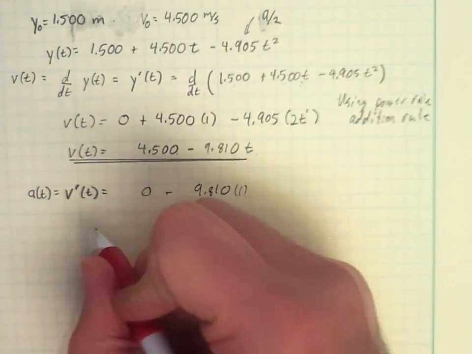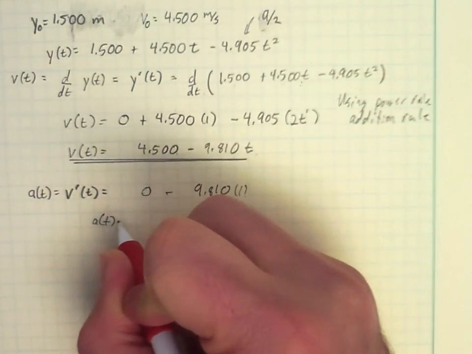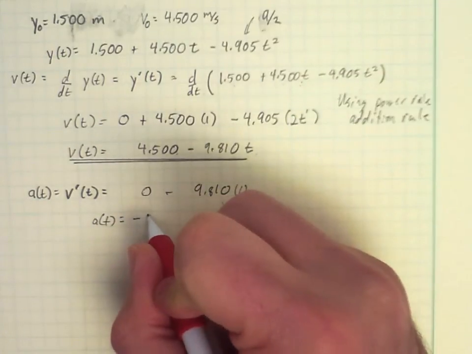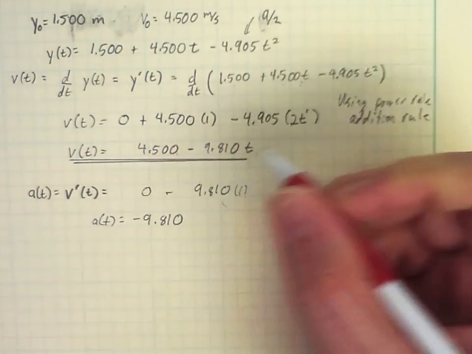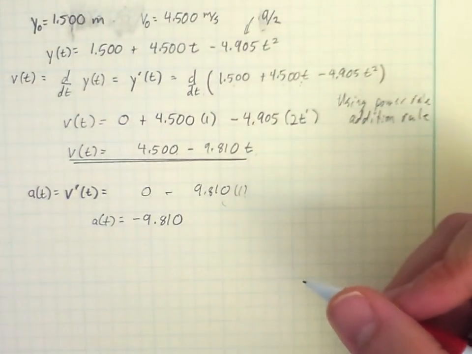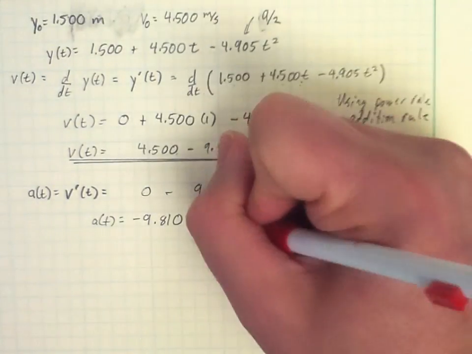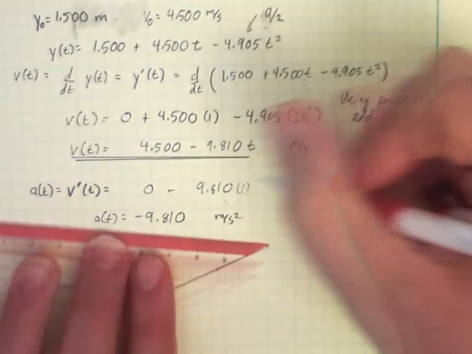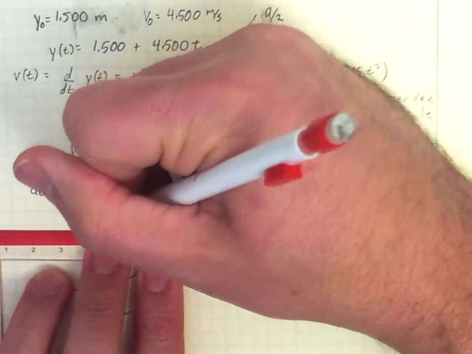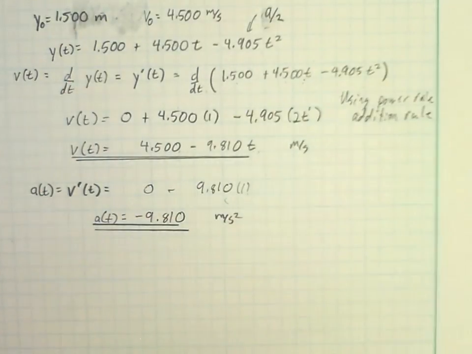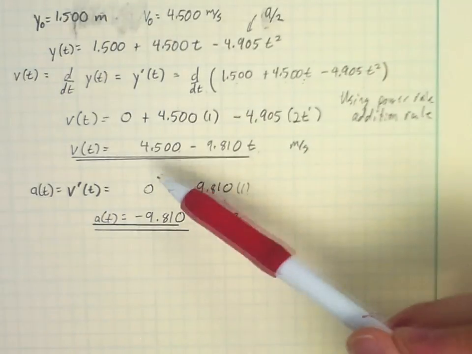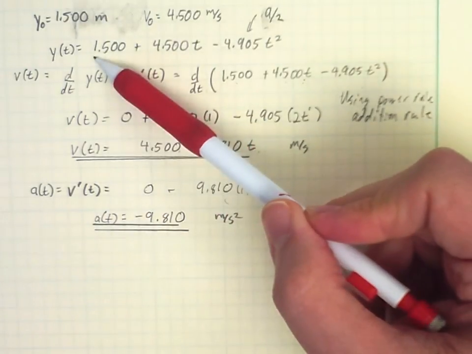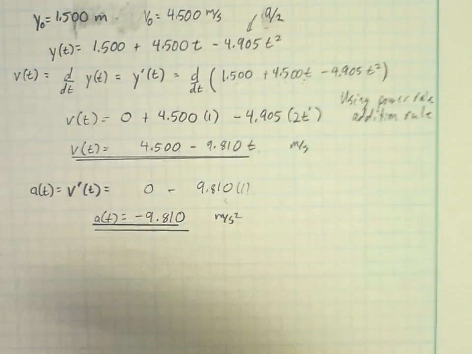So I get that the acceleration as a function of time is just negative 9.810, and we know that that's meters per second squared. Velocities will be measured in meters per second as we need those. So now at any time, we know the acceleration is the same, we can get the velocity, and we can figure out the height. Have all 3 functions there.